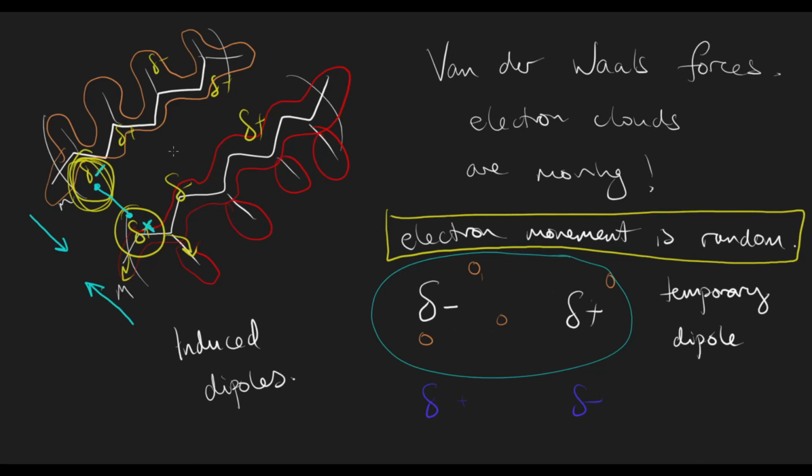And positive and negative attract. And same thing here. I have positive and I have negative. I have positive and I have negative. And these will always attract one another because opposites attract. And this bonding is referred to as van der Waals bonding, or temporary induced dipoles.